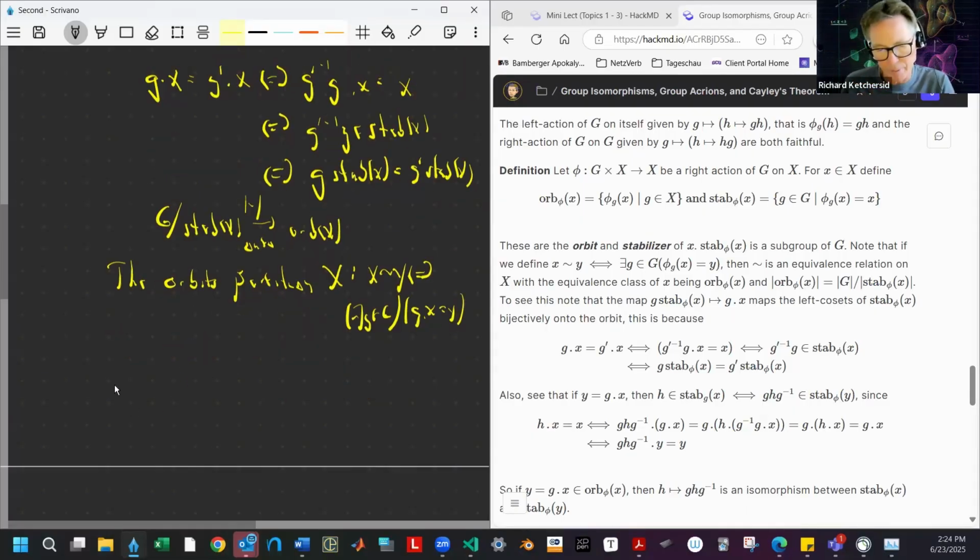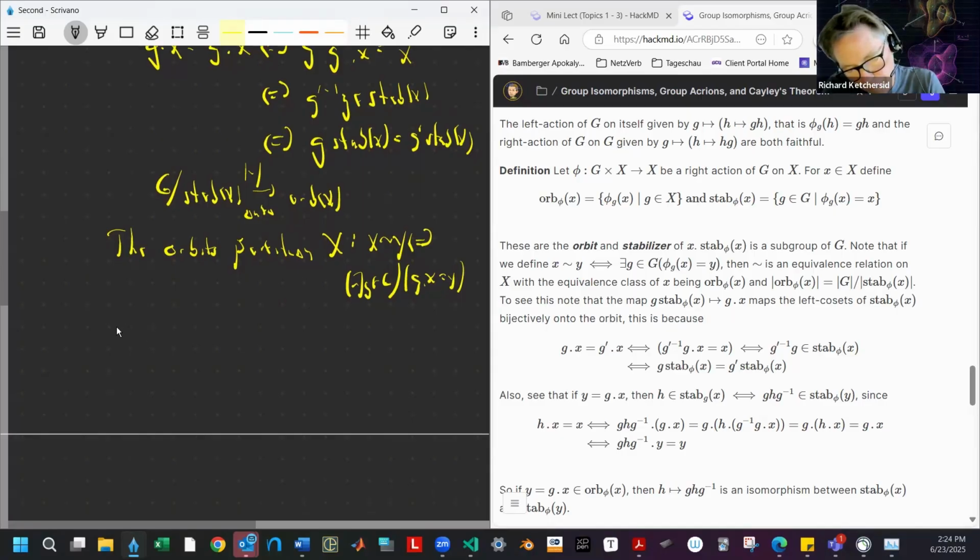We actually might want something a little stronger than that. So notice that if g x equals y, so I'm taking a y which is in the orbit of x, and let's say that h is an element of the stabilizer of x.